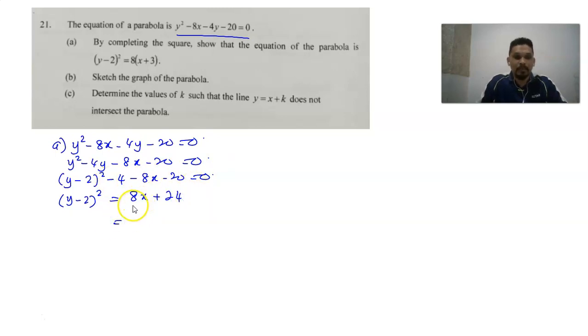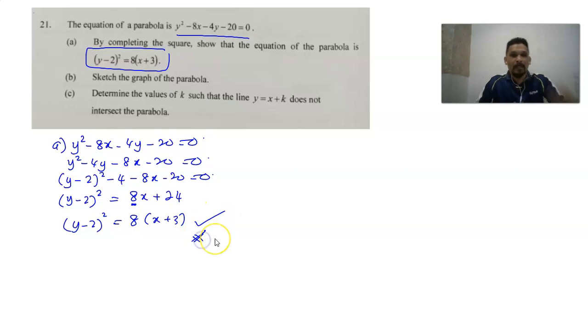Equal to, factorize 8: 8 times x equals 8x, 8 times 3 equals 24. So (y minus 2) squared equals 8 times (x plus 3). So, done. Okay. Sketch the graph of the parabola.